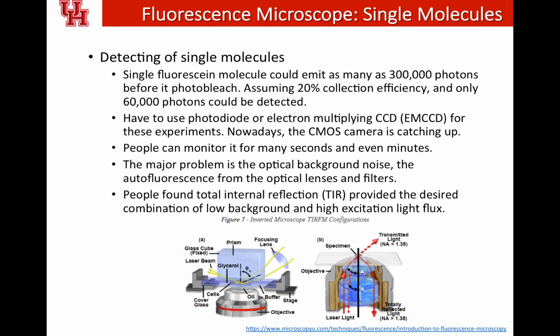Okay, so next we are going to cover single molecule imaging. Single molecules are always interesting for people, right? People always want to measure single molecules. The fluorescence microscope gives us one possible means to measure these single molecules by fluorescence labeling. A fluorophore molecule could emit as many as 300,000 photons before it photobleaches.